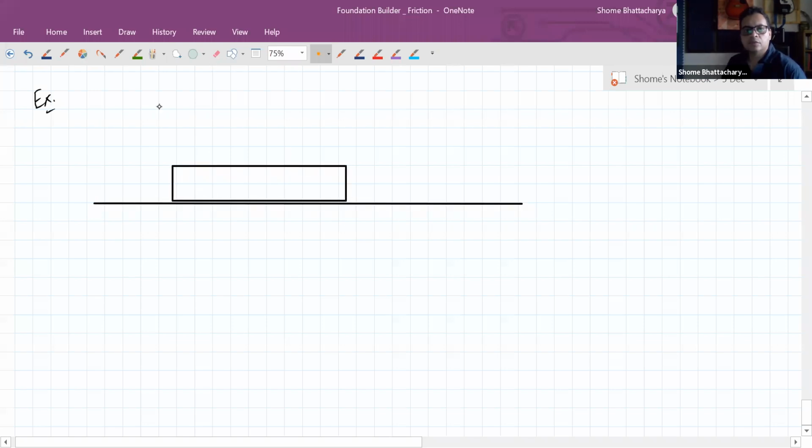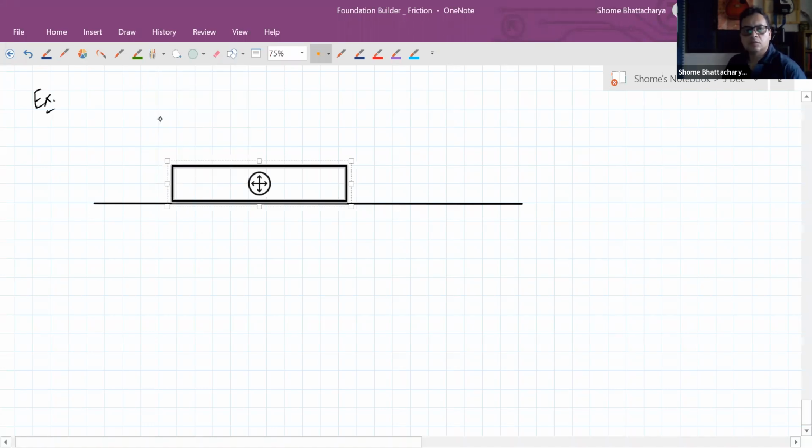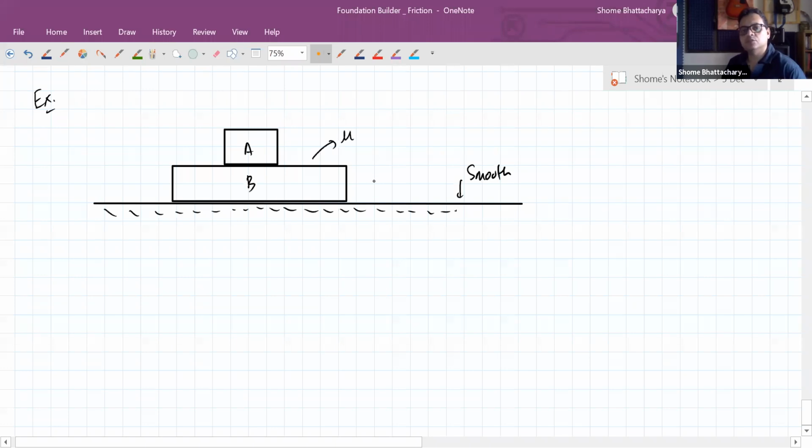So we have two blocks placed like this, one on top of the other. Now this horizontal surface of the floor, this one is smooth, but this surface has a coefficient of friction mu. Okay, and initially the system is at rest.